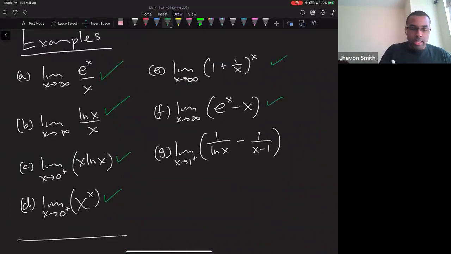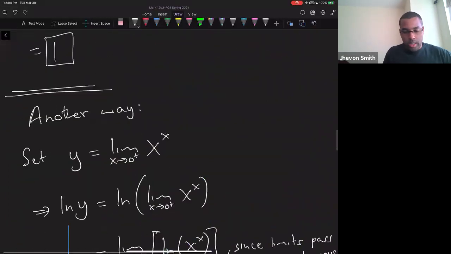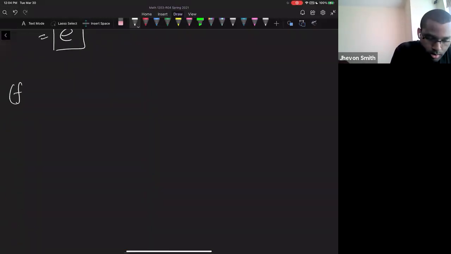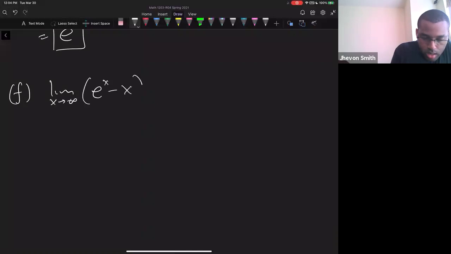e to the x minus x as x goes to infinity. As we're on an iPad, it's easier for me to just write it down instead of copying it. So, yeah, as x goes to infinity, e to the x goes to infinity.